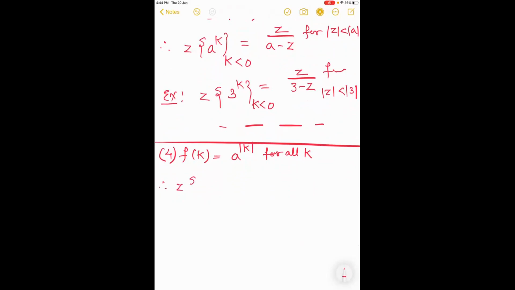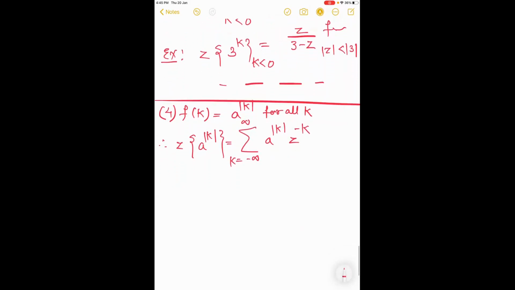Therefore, Z transform of a raised to mod k means summation a raised to mod of k, Z raised to minus k from minus infinity to plus infinity. Okay. Now here we will split this summation into two parts.